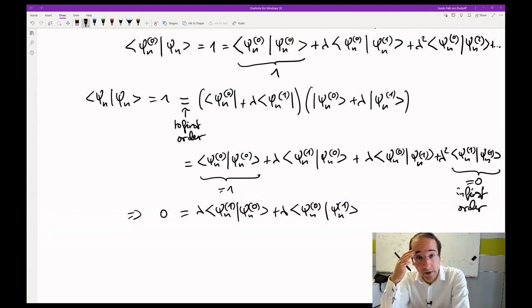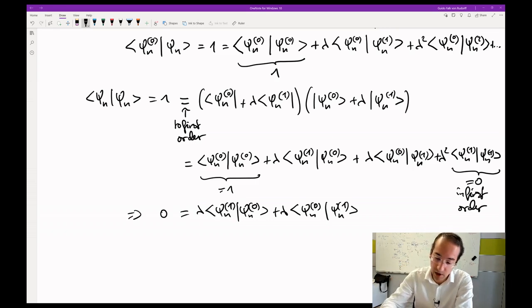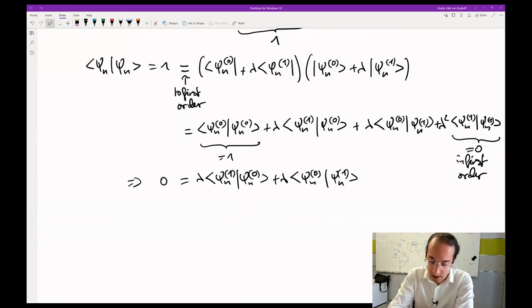And now, without loss of generality, we can assume that these overlaps, or these integrals, are real. If they are, then you can change the order of the brackets, and this means we get 2 lambda psi n0 psi n1.